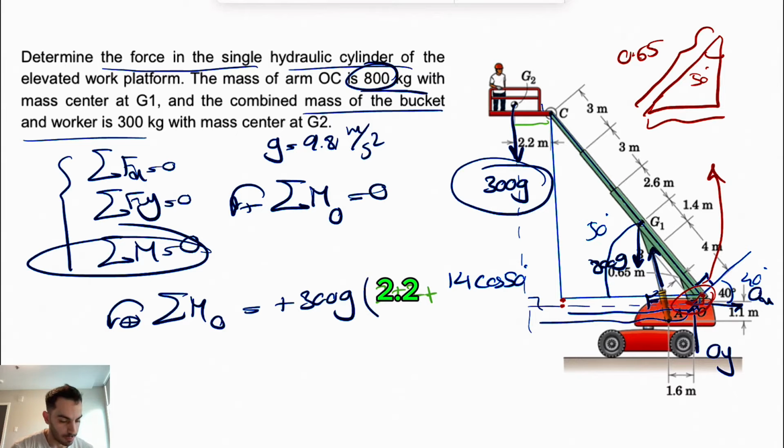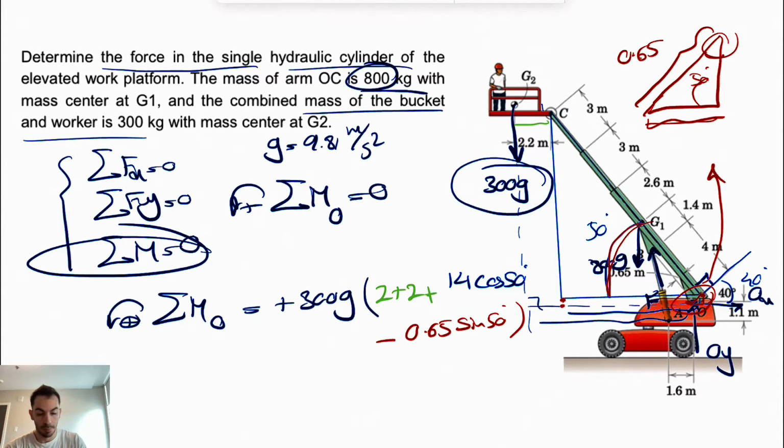That's going to be also 50 degrees as well, because of the same reason that we have these two angles that are the same. We know this angle is what we had in here. So that angle is also 50 degrees, and we just have to watch for this part that we need to subtract 0.65, and we can see this side would be the opposite side, so sine of 50 degrees.